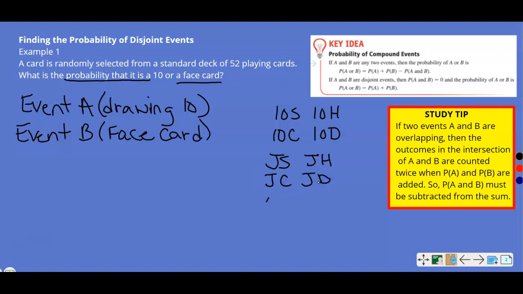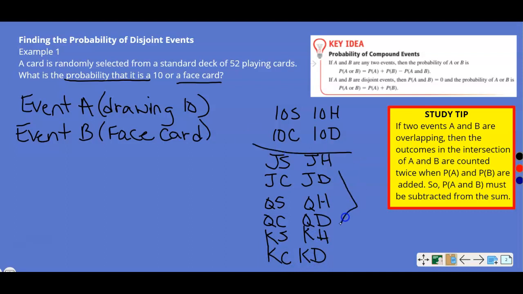And then we're going to have a queen, 4 queens, and 4 kings. All right, so we're going to have a queen of spades, hearts, clubs, and diamonds, and a king of spades, hearts, clubs, and diamonds as well. All right, so these are our face cards. And these are our 10s.